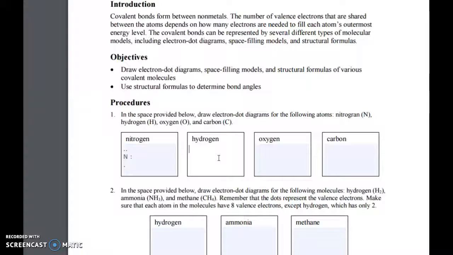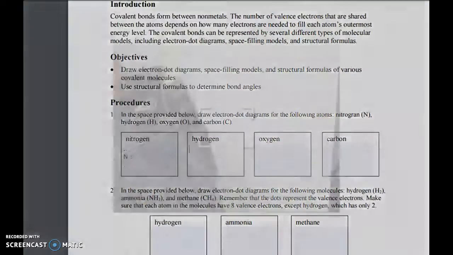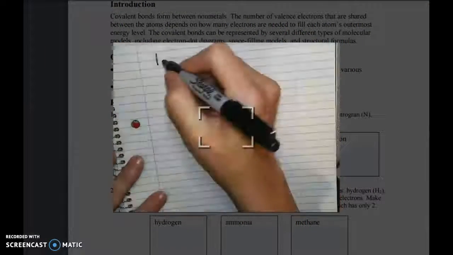A little bit more difficult is to draw electron dot diagrams for the molecules. Okay, you're not putting any bonds in here yet. You are just doing dot diagrams. So the molecule for hydrogen, the first one, is not hydrogen, the element, just H. It's H2. I'm going to go ahead and give you my notebook again.